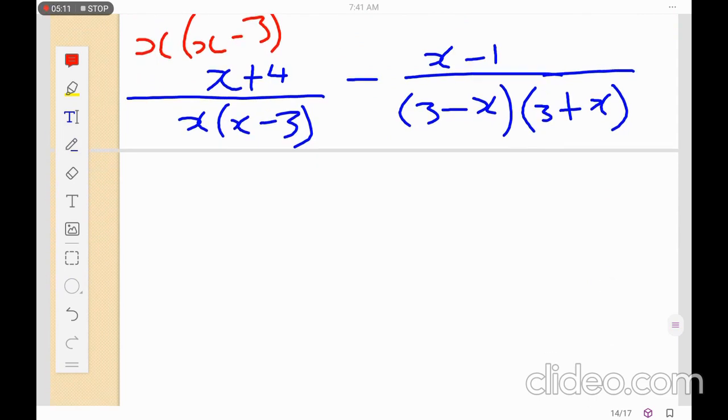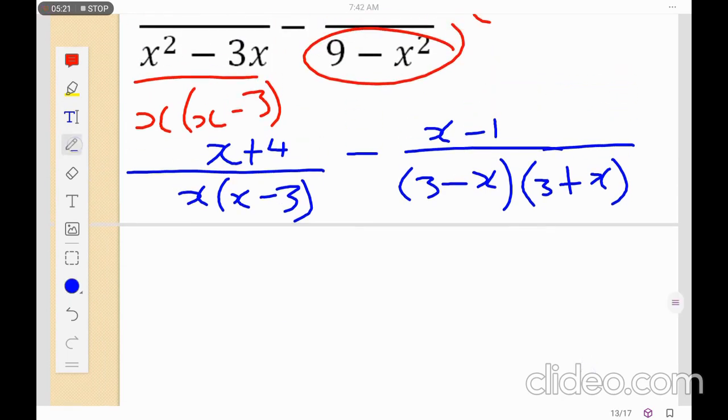Remember what we did on the previous question. I can interchange this one and have a negative and have this one as 3 minus x. Or I can interchange this one here and have it as x minus 3. So there will be a sign change here and we end up having here a positive.